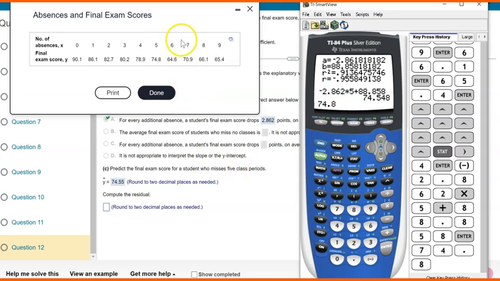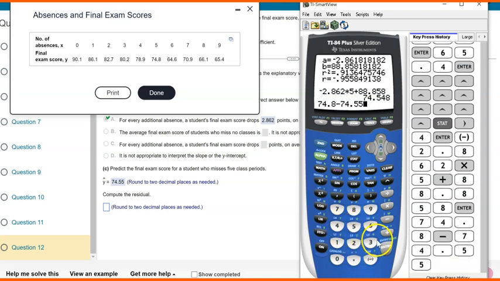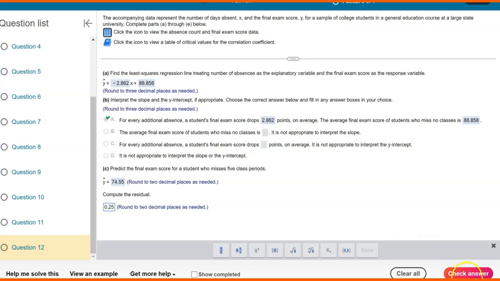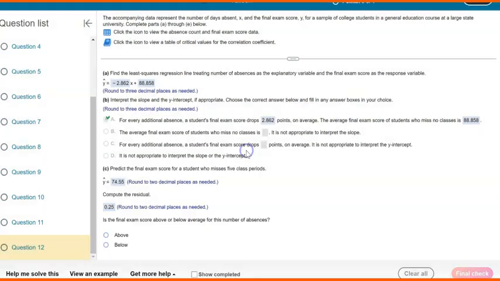Therefore, y for 5 is 74.8 minus y hat for 5, which is 74.55. That is going to be the residual, rounded to 2 decimals, 0.25, which is positive 0.25. Okay, check the answer. Good.